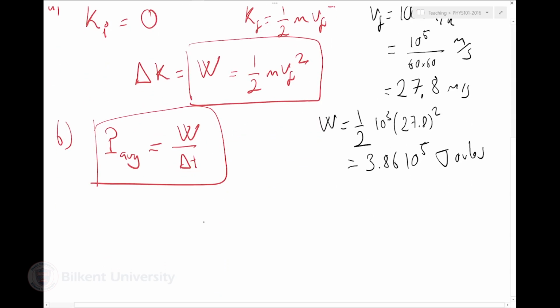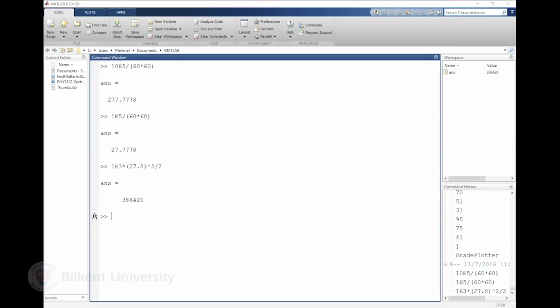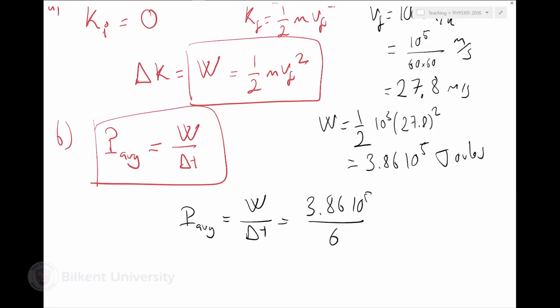And for average power, I need to divide this by delta t, which was 6 seconds. 10 to the 5 divided by 6. So this is 6.4 times 10 to the 4 watts.